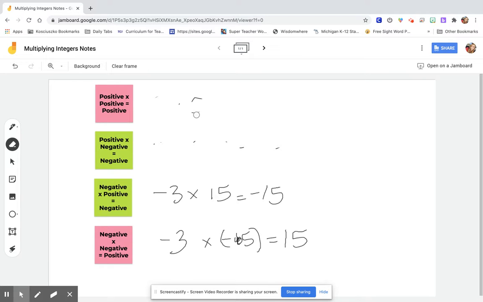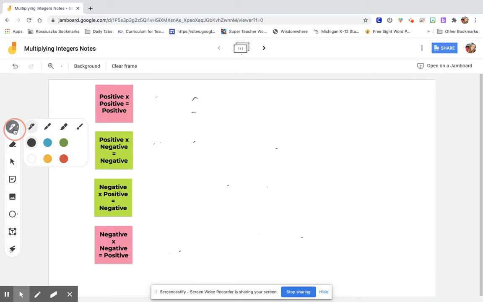Let's use 3 and 4. Well, actually, let's not use 4. Let's use 4 and 6.